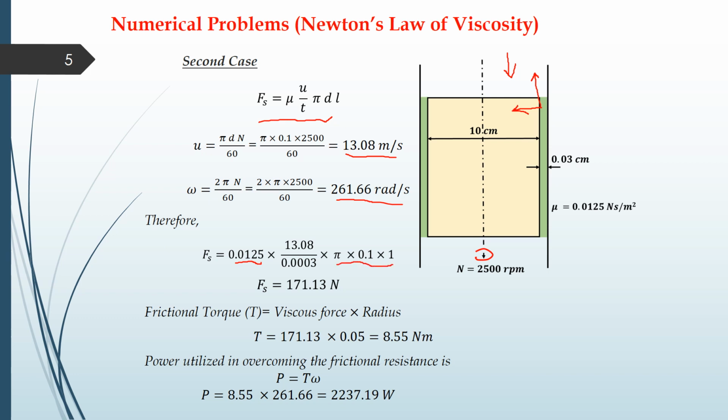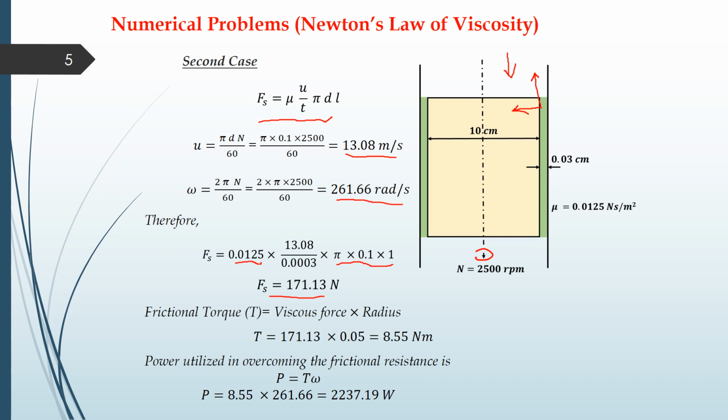So this will give you the lateral surface area, or the surface area which will be in contact with the lubricating oil film and will be used to calculate the shear force. So after putting these values, we get the shear force as 171.13 newtons.